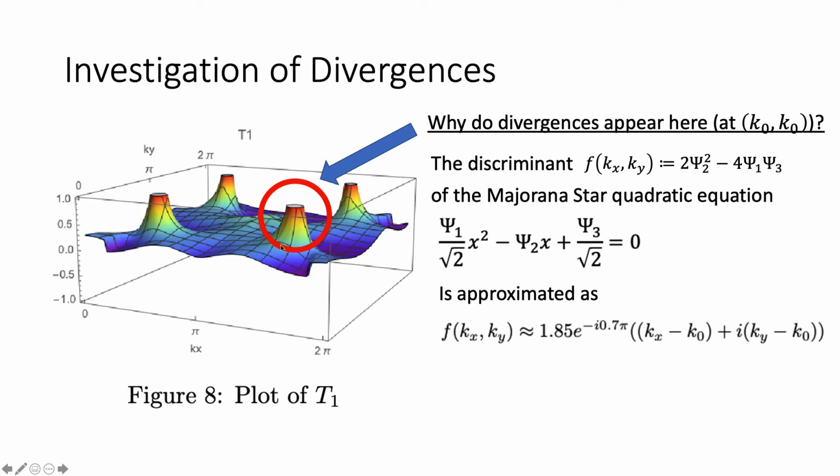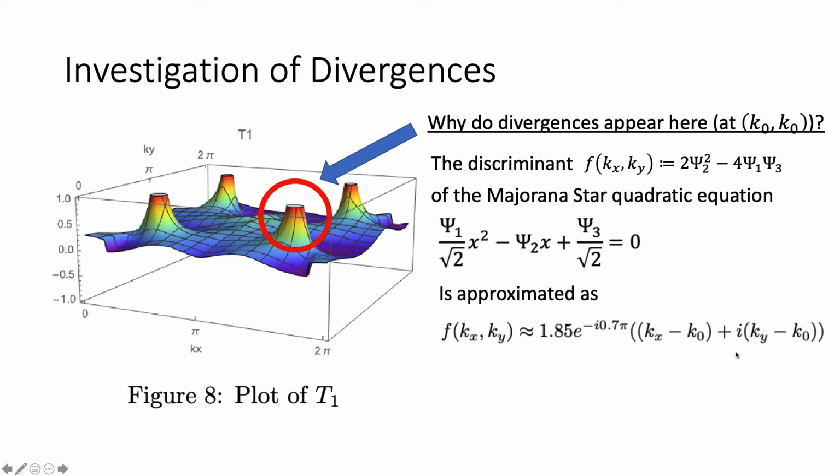In order to do so, I investigated the discriminant in the Majorana stellar representation, which is in terms of the components of the eigenstate, the three-band eigenstate. This discriminant function near the k0 points can be approximated as this function.